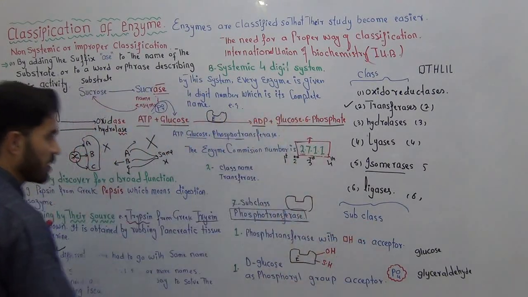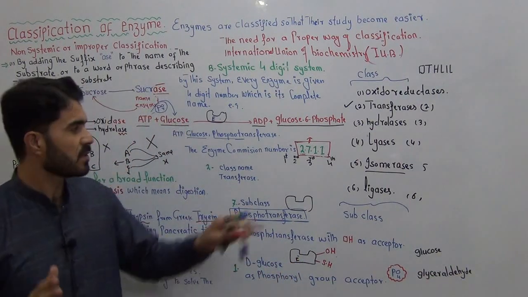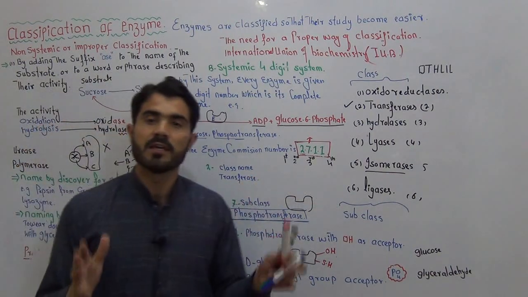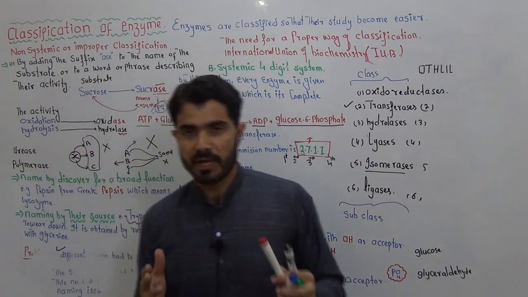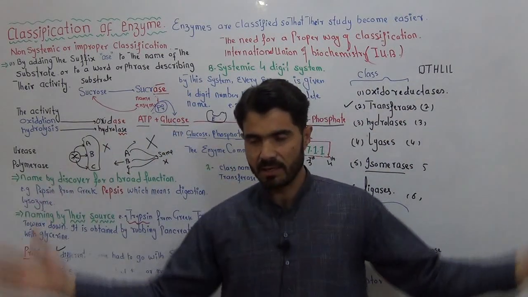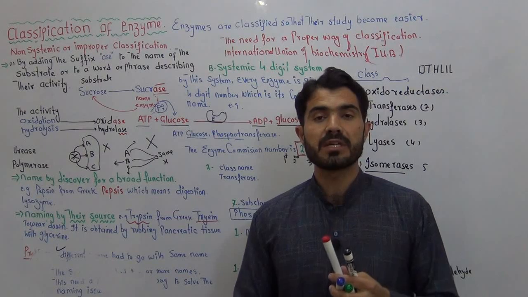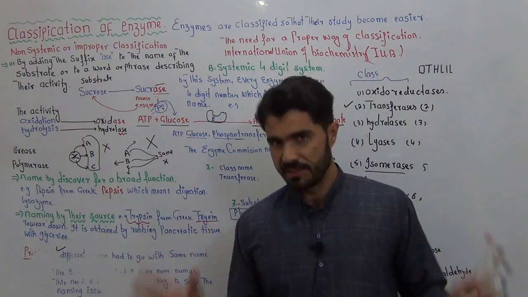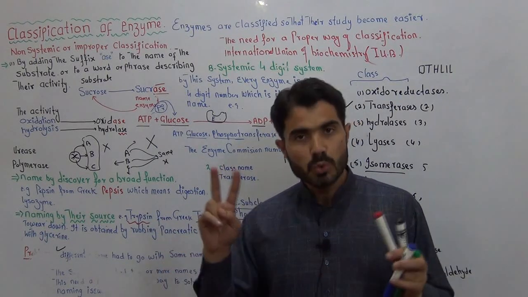So this is a very special system. This is a very unique, special system to classify enzymes. I hope you got this lecture very well. I can tell you in a nutshell what we discussed today. We discussed the classification or naming of enzymes. For the classification or naming of enzymes, there are 2 ways.